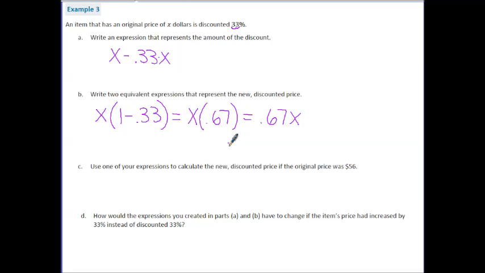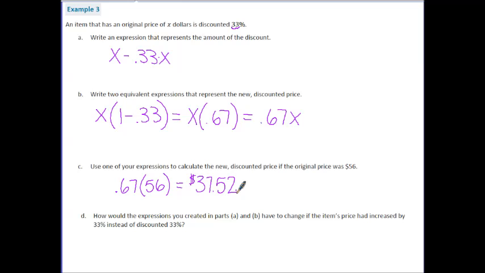So looking at these 4 different expressions, here, here, here, and here, what do you think would be the easiest? Well, if there's less numbers to work with, it would probably be easiest to do this one. So I'm going to substitute x with $56. So when we multiply those two, we get $37.52.